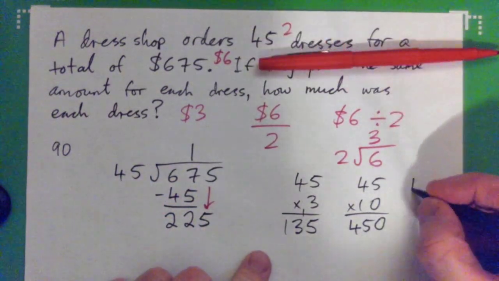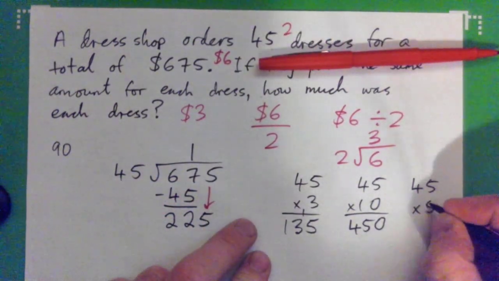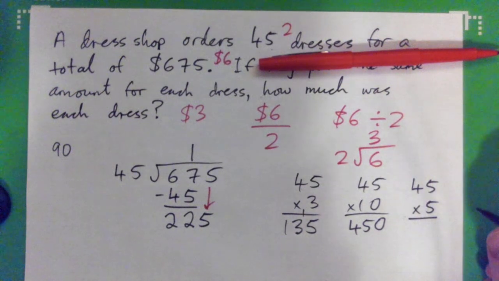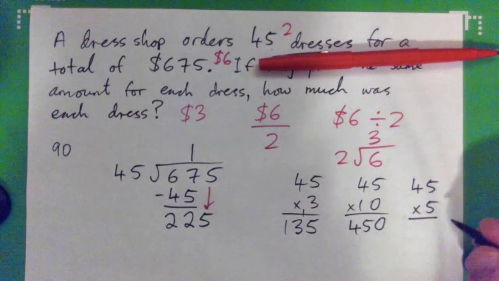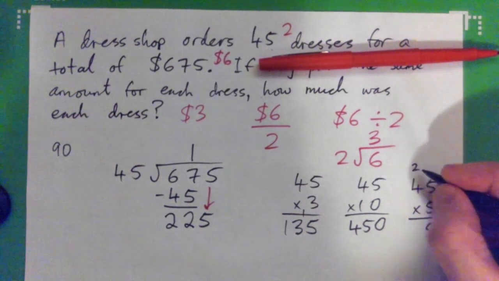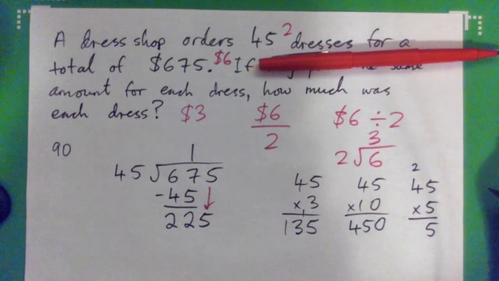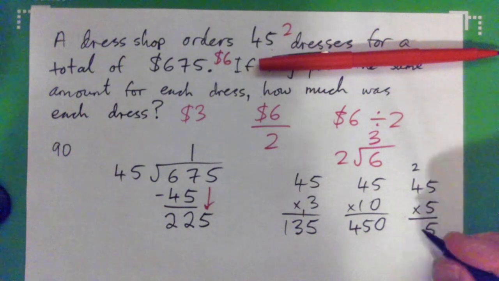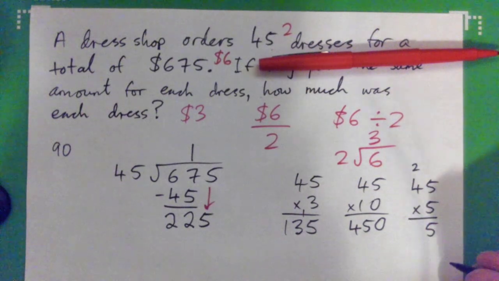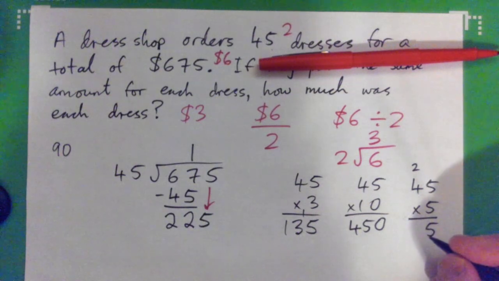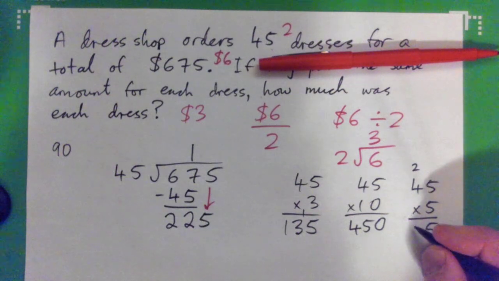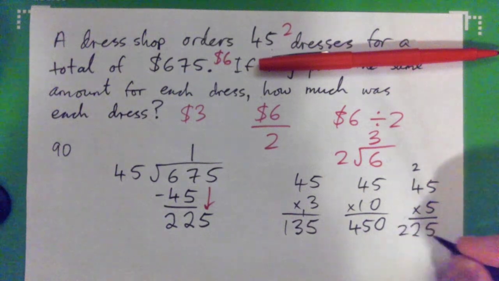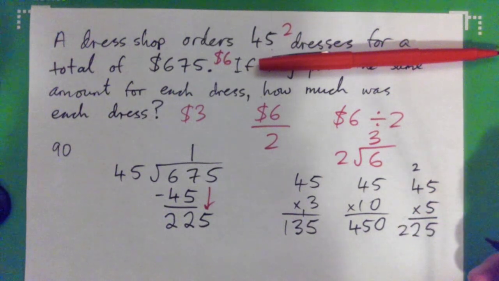So let's try that. 45 times 5. 5 times 5, 25. Carry 2. 5 times 4, 20 plus 2. Did that work?